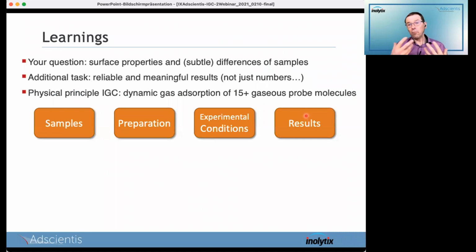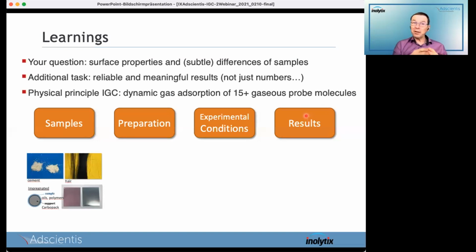And now, what are your learnings? We touched briefly on certain questions which occur when maybe IGC is really a good solution. Yes, you want to have meaningful and reliable results. You hopefully understand the physical principle of IGC. And with the samples, I've shown that there is a great variety of different samples possible.